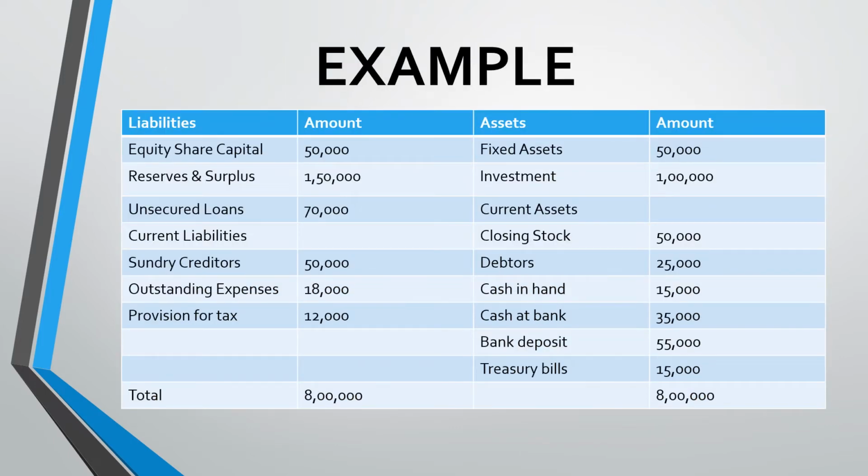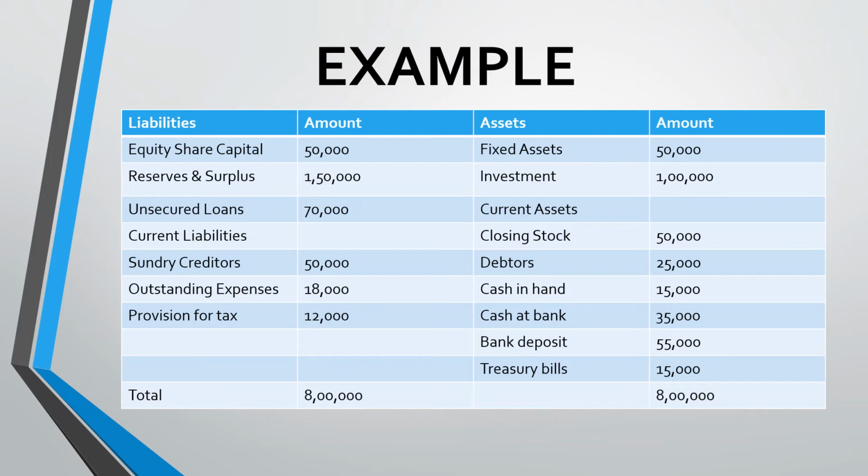Moving forward to an example where I can show you how to calculate cash ratio. Here liabilities and assets are given, where equity share capital is 50,000, reserves and surplus are 1,50,000, unsecured loans are 70,000, sundry creditors 50,000, outstanding expenses 18,000, provision for tax is 12,000.